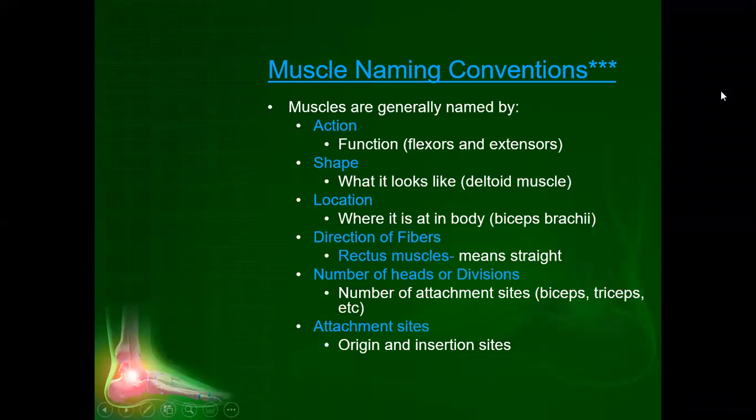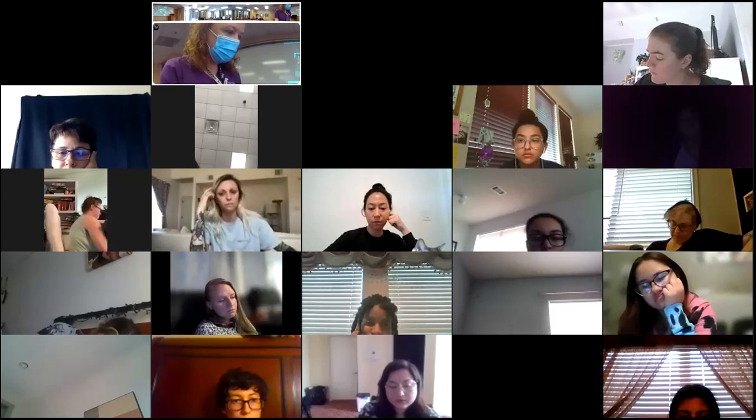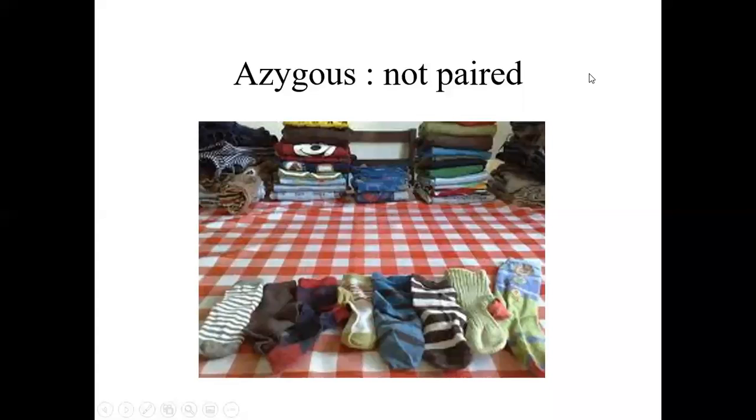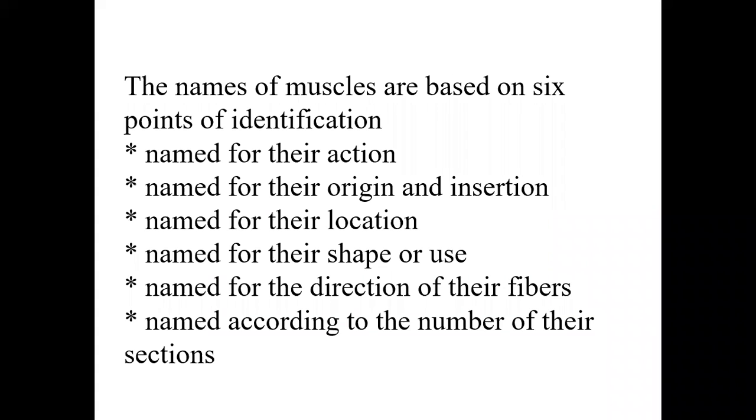All right, so what I want to do now is just review some medical terminology. If you go to my website, into the medical terminology tab, this is on that muscles PowerPoint.